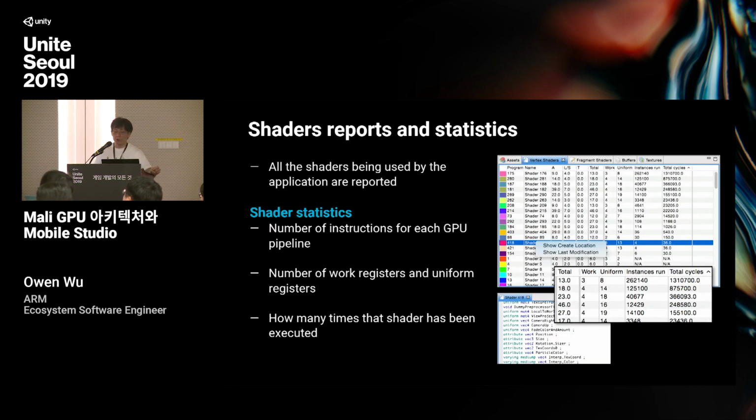The shader reports and the statistics window are also very useful. All the shaders being used by the application are reported, and the shaders are compiled with the offline shader compiler, which reports the number of instructions, number of work registers, and uniform registers. Additionally, how many times the shader has been executed can also be reported here.